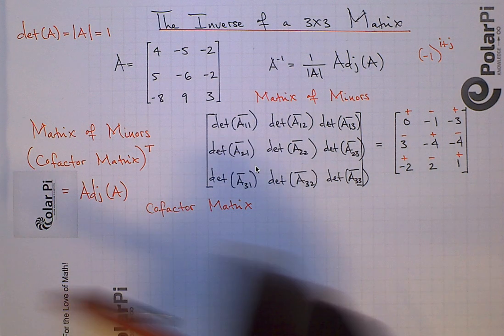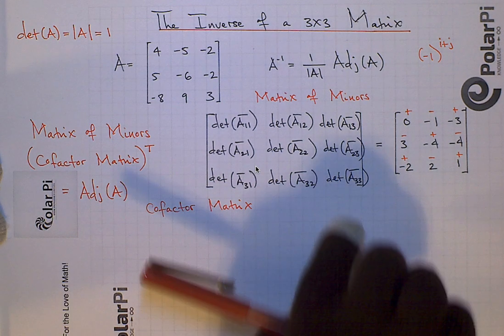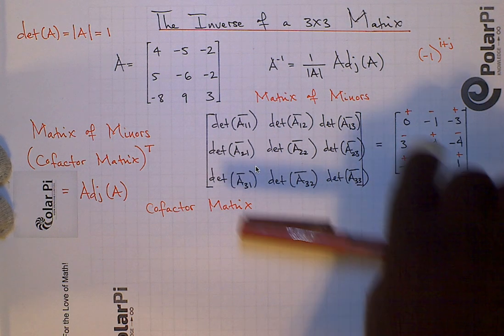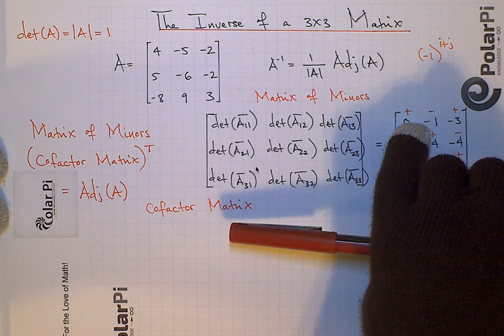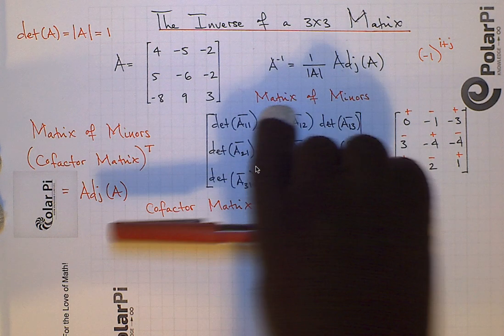And so the cofactor matrix is simply the matrix of minors changed by these pluses and minuses that I have put. So obviously if it's a plus, we don't change the entry in the matrix of minors.